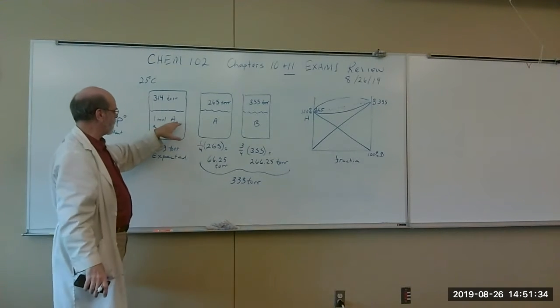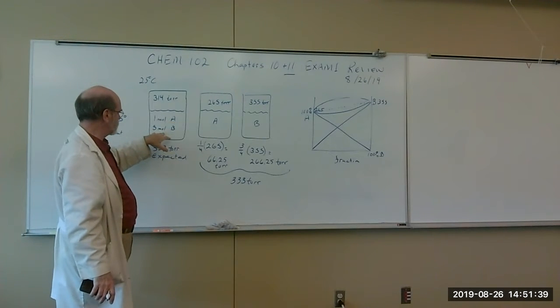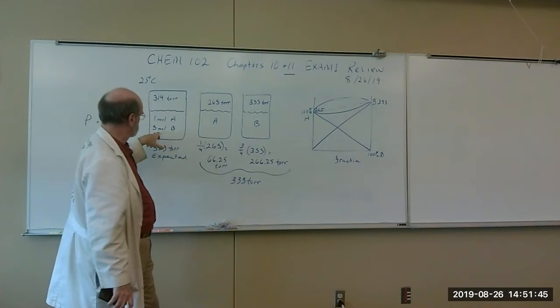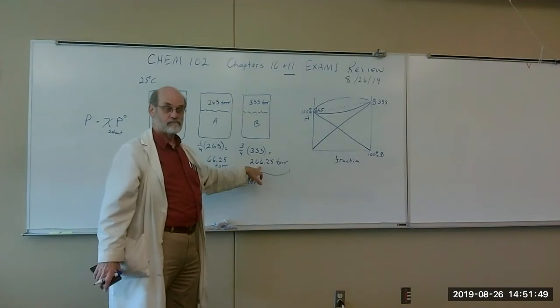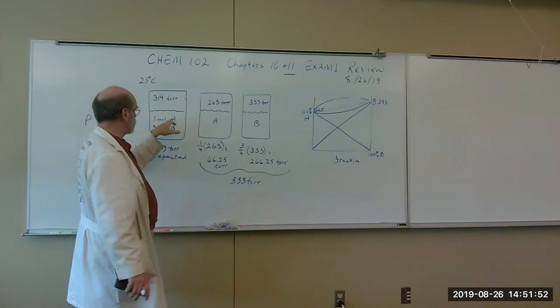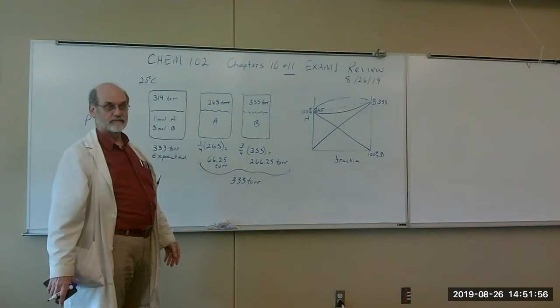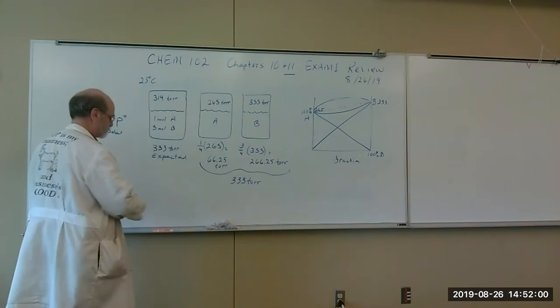So if A were non-volatile, and we had 3B and 1A, then we would expect our vapor pressure to be 266. Because the non-volatile A wouldn't contribute to the pressure at all. Does that make sense? Okay.